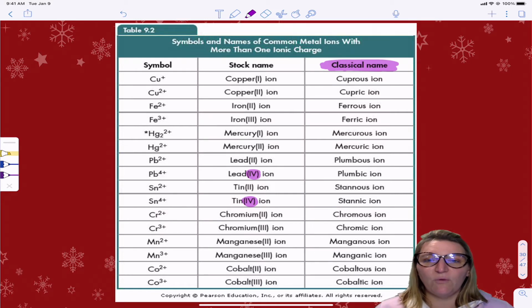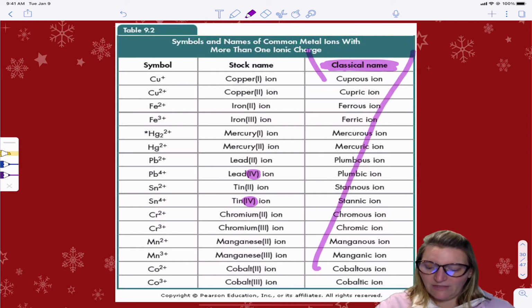The older version was to use suffixes called -ic and -ous. So if you meant the lower charged ion, that would end in -ous, and the higher charged ion would end in -ic. So there would be ferrous and ferric. So we also went back to their Latin names. For many of the transition metals, their symbols don't match their name because they're in other languages. It was very confusing. So we do not really use this anymore.